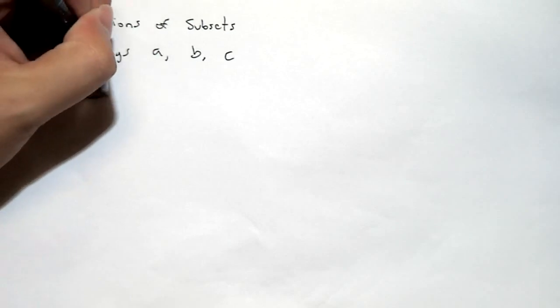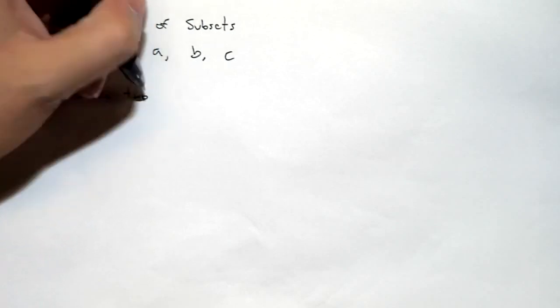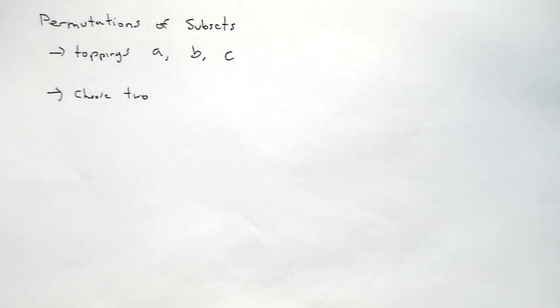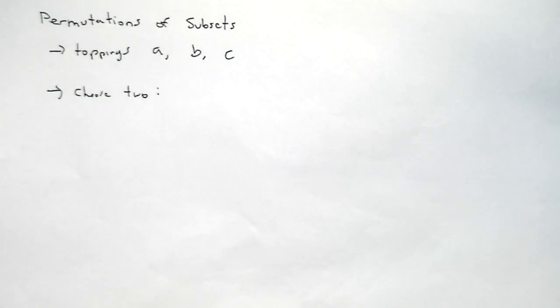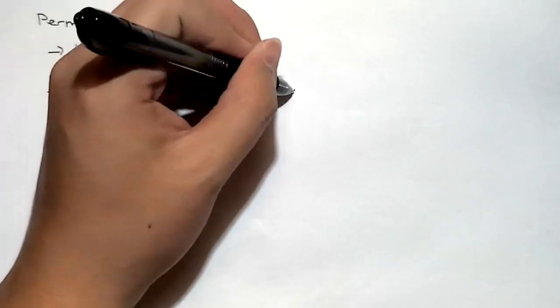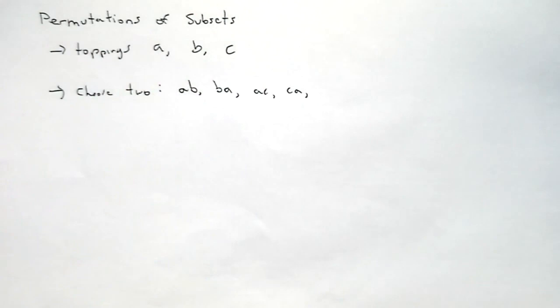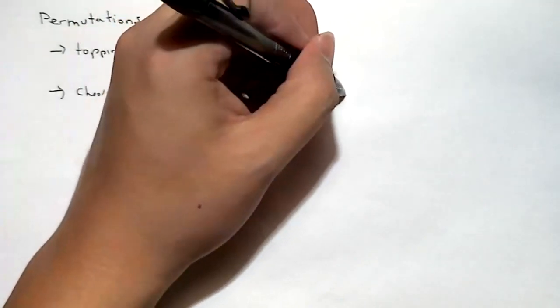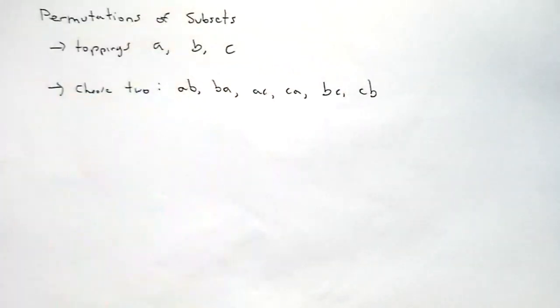So choose 2. And you want to put them in any order. So how many outcomes would you have? Or what outcomes do you have? You choose 2, and order matters. AB, BA, AC, CA, BC, and CB. How many is that? 6. Good. Is the answer n factorial? It's actually not.